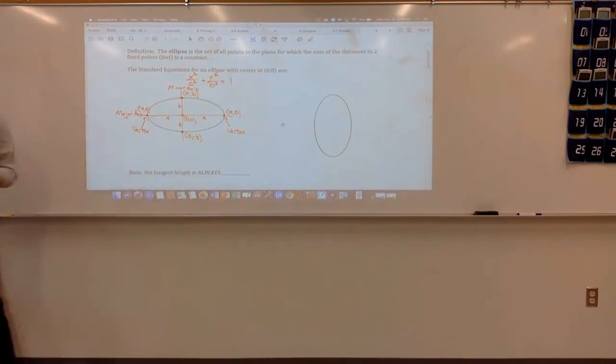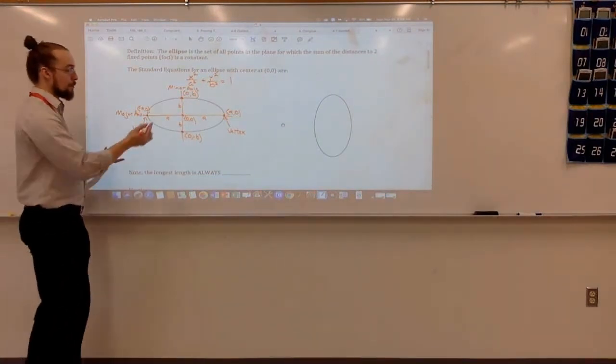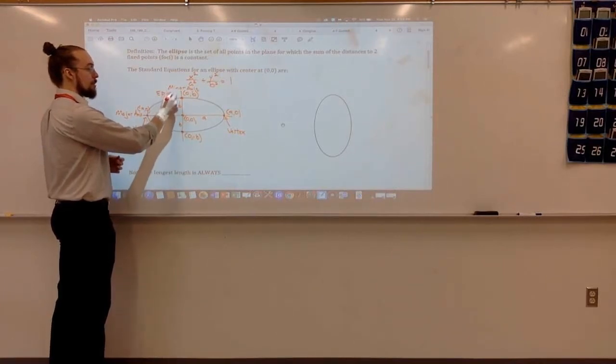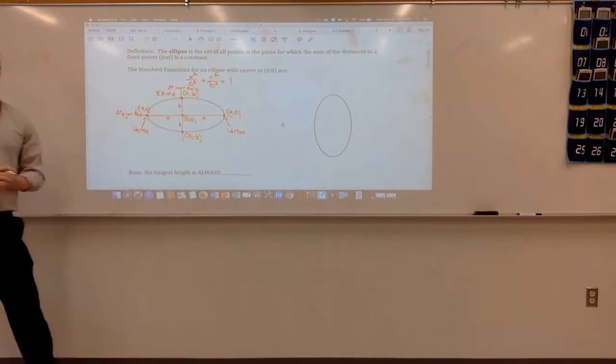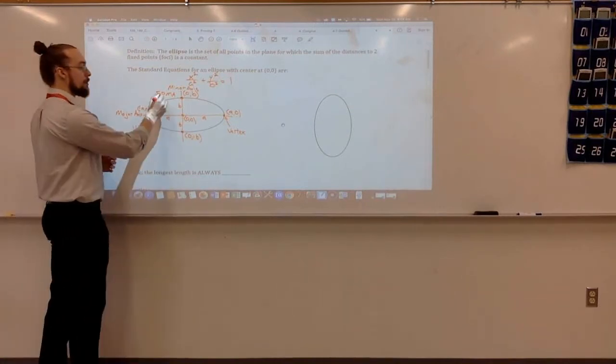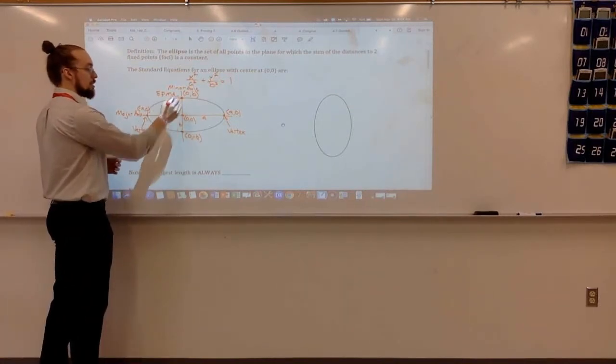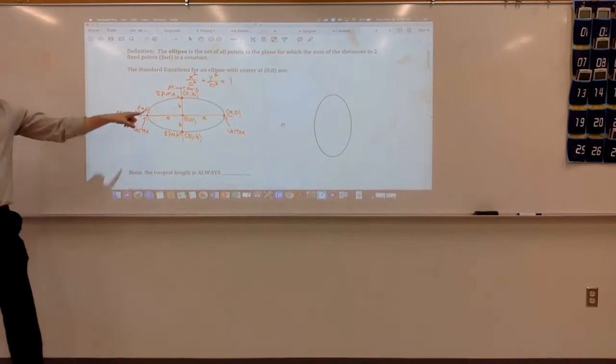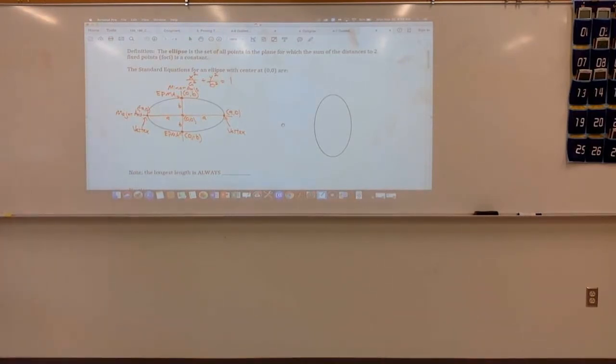The endpoints of the minor axis here, we just call endpoints of minor axis. We're going to abbreviate those EPMA, so we don't have to write that out every time. So EPMA is endpoint of minor axis, and the vertices are the endpoints of the major axis.